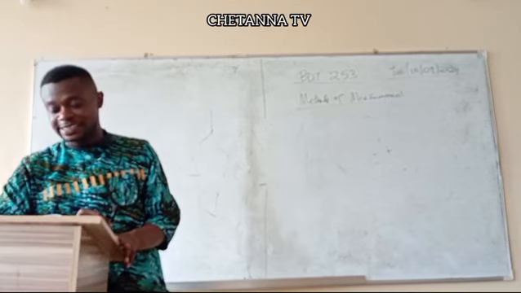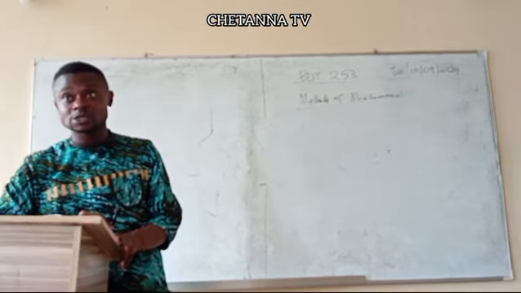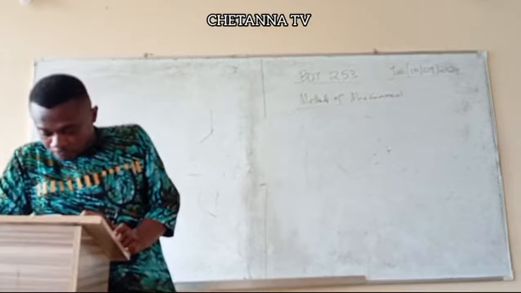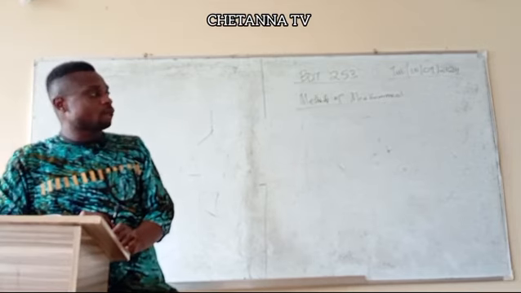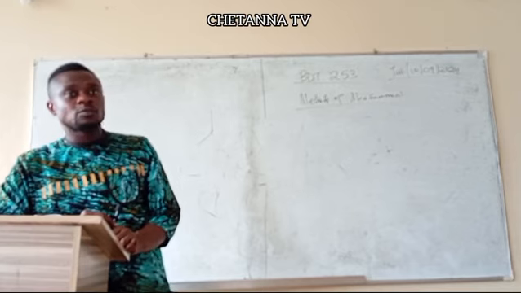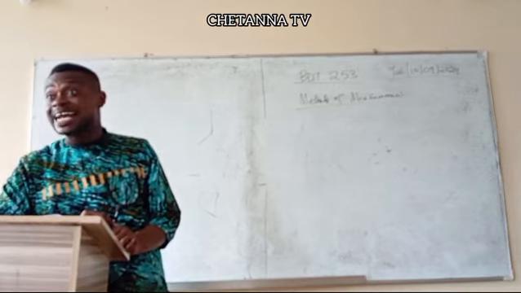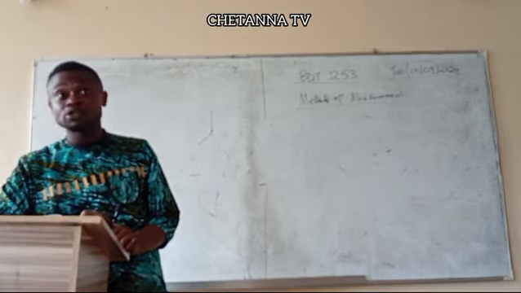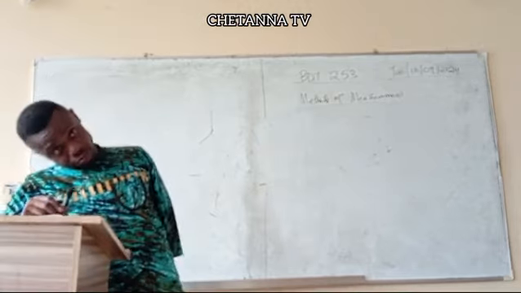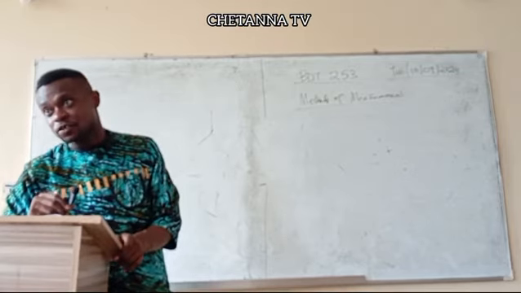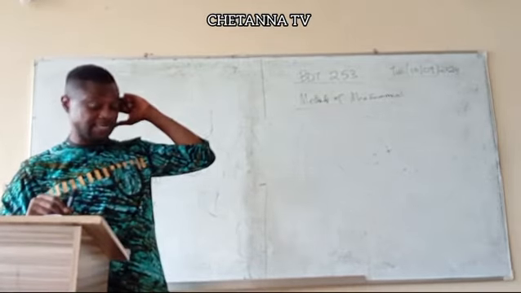Class A balance, the maximum is 120 grams. Please note that point. Maximum capacity means you cannot carry anything above 120 grams. If you put 500 grams there, you cannot get what you're looking for. So the maximum is 120 grams.